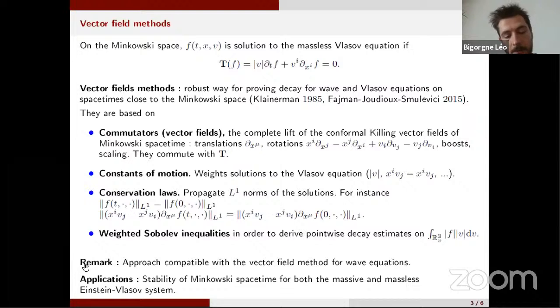So maybe an important remark is that since the commutation vector fields for the wave equation and for the Vlasov equation have the same part in T,x, these two methods are compatible, which means that we can apply both of them in order to study the solution to a system of wave equations coupled with a Vlasov equation. And it led to the proof of stability of Minkowski spacetime for the massive and the massless Einstein-Vlasov system.